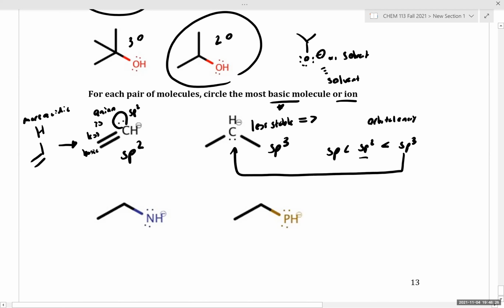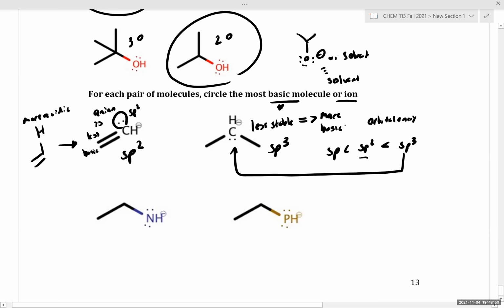Yeah, okay, I see it. And because the sp3 anion is less stable, in turn, is this anion more or less basic? It's more basic, right? Yes, exactly. Does that line of argument make sense?